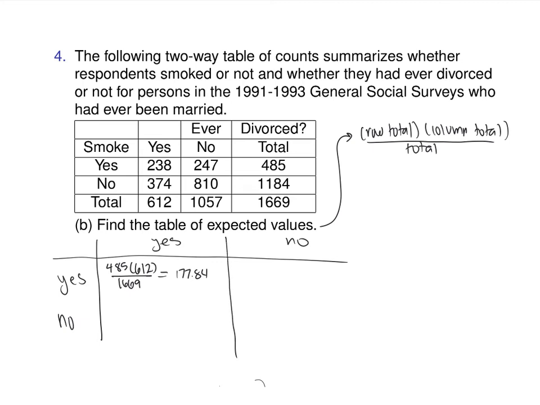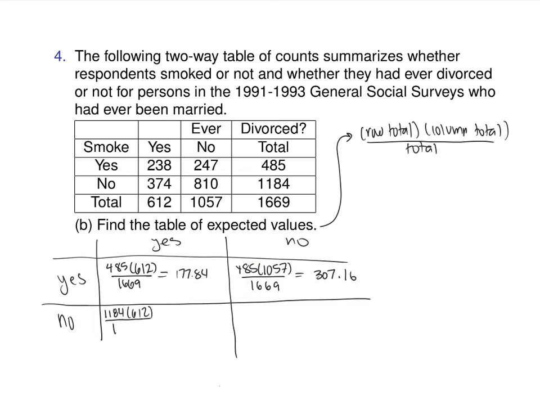And then row total times column total over here, 485, 1057 over 1669, 307.16. Okay, in the nose, row total 1184, column total 612, over 1669, 434.16.